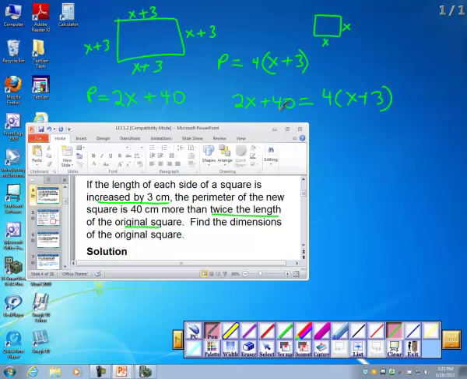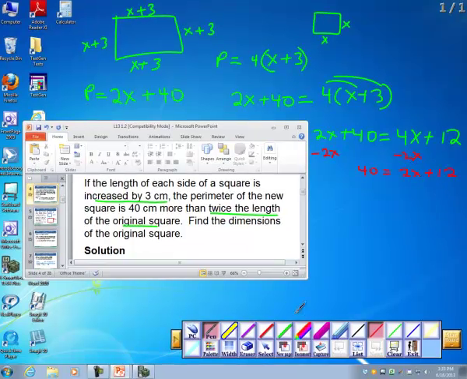Okay, so Travis, what would we do here? Yeah, distribute the 4, right? So that would be 2x plus 40 equals 4x plus 12, right? And then solve for x. So we would apply minus 2x, and we get 40 equals 2x plus 12.